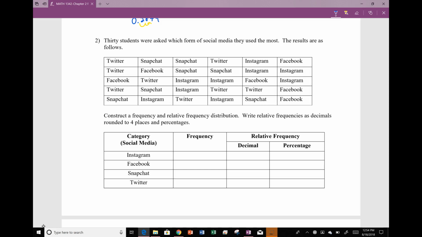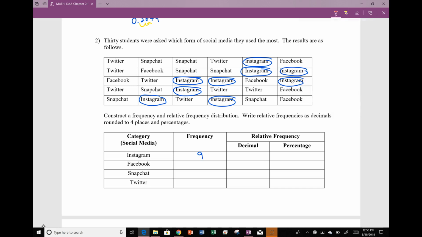The first thing I need to do is I want to find all of those that use Instagram. So if I go through here, here's 1, 2, 3, 4, 5, 6, 7, 8, and 9 use Instagram.